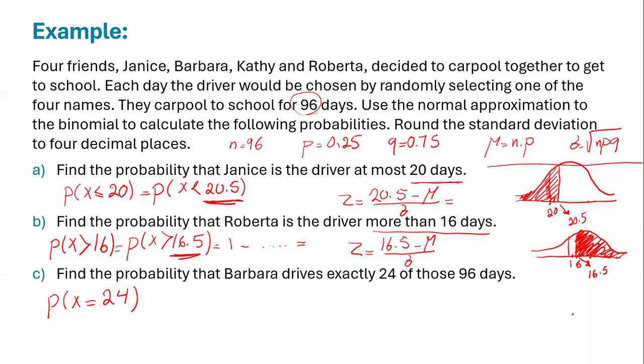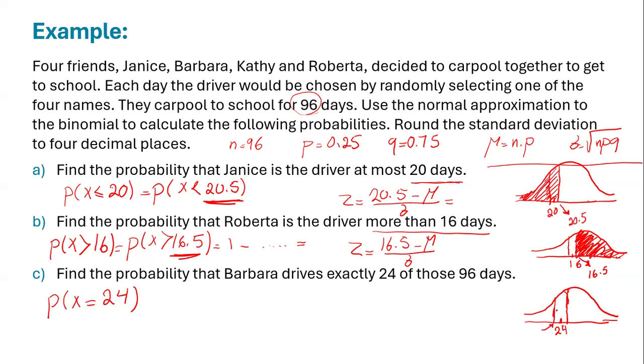Okay, so if I have a normal distribution, and 24 is inside the bar, if it was a continuous probability distribution, just a normal distribution, the area when x is equal to a number is always 0. But since this is a binomial, a type of discrete distribution, we can find a probability for that, but we need to change it to an interval by the continuity correction.